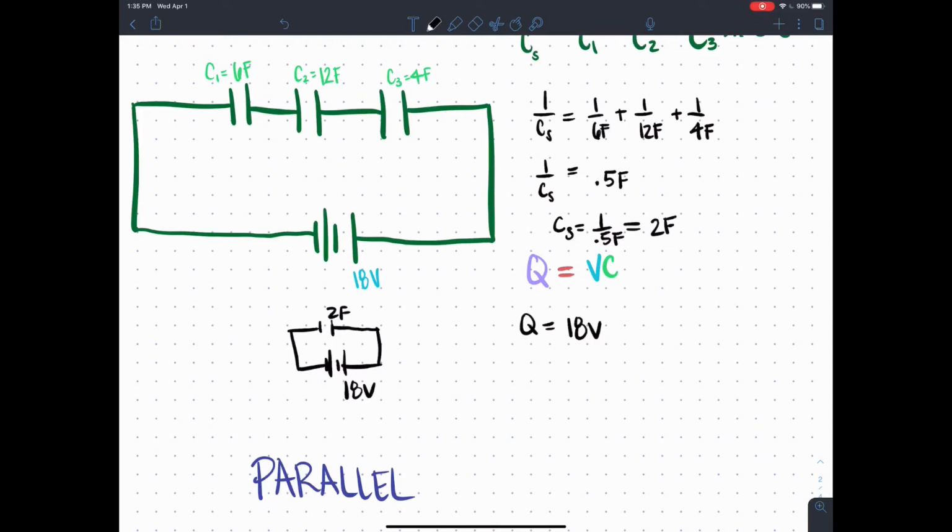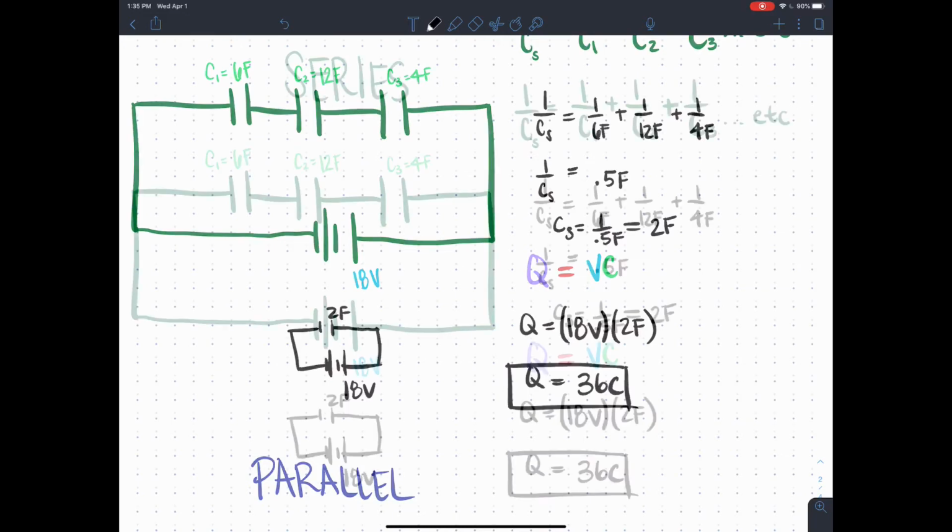So 18 volts times the capacitance of 2 farads is equal to a total charge of 36 coulombs. Now we can see that when we add capacitors in series, it actually decreases the amount of charge that they can hold across the whole circuit rather than increasing it, as we will see with parallel.